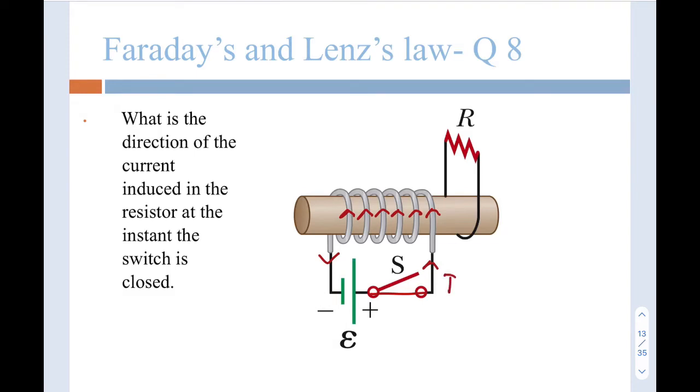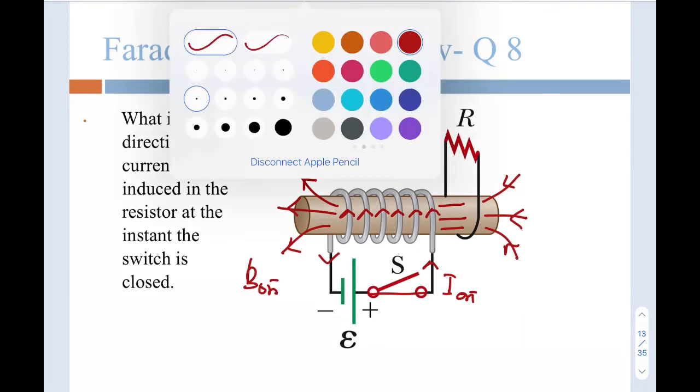So the brown color here is I original, which by using Grab's rule, we determine the B produced by this section. Place your thumb along this and grab this section. You will get something like this. So this is B original.